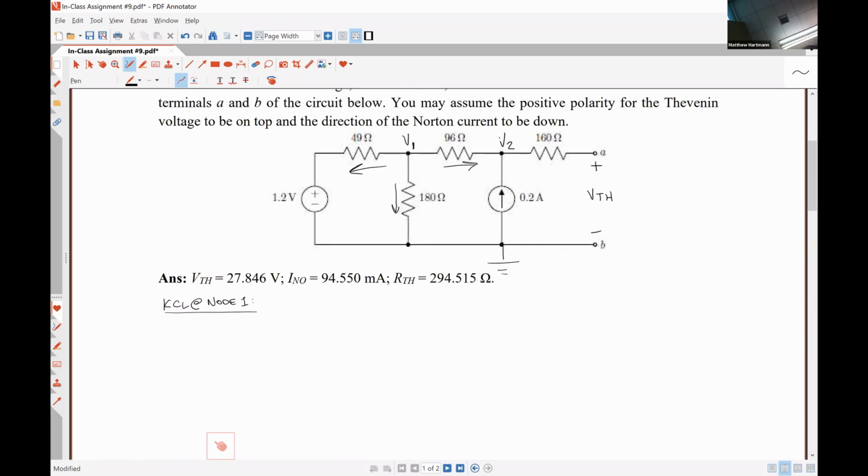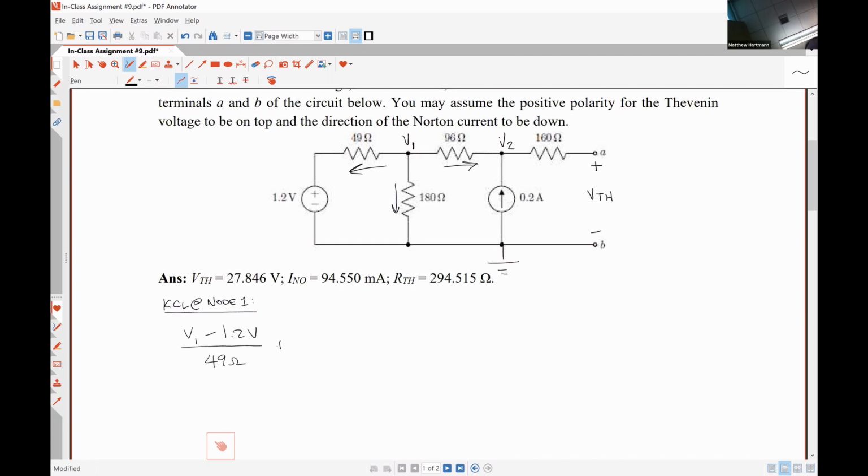So if we want the current flowing from right to left, the nodal voltage on the right-hand side of the 49 ohm resistor is V1. The voltage on the left-hand side of the resistor with respect to ground is 1.2 volts. So that's why we have V1 minus 1.2 volts, and we divide it by the resistor value, 49 ohms.